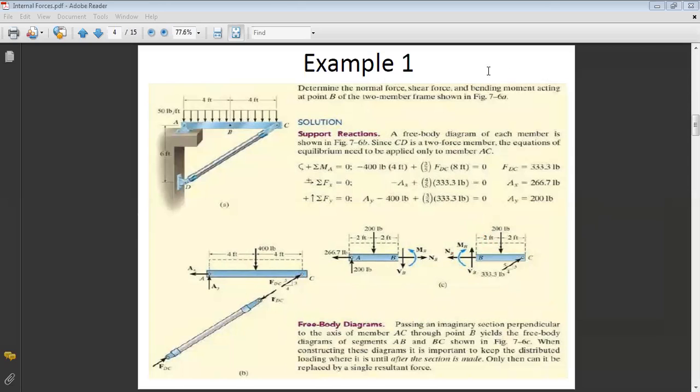Yes, how do we get the direction of VB? VB is always selected in a way to rotate in clockwise direction about the end of the part. If you select this part to do the analysis, what is the extremity of your beam? This is the extremity of your beam, point A. Your shear should be chosen to rotate in the clockwise direction about the end of your beam.